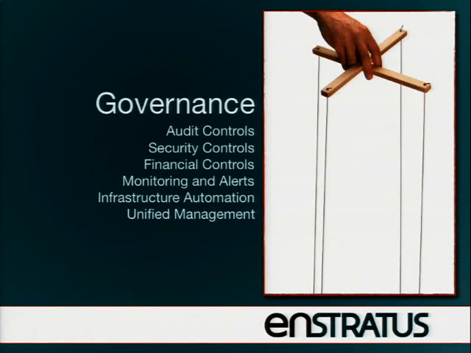So to start off, I don't want to get too vendory here, but I thought I'd give a little context on where I'm coming from. I'm with a company called enStratus. We do cloud infrastructure management.